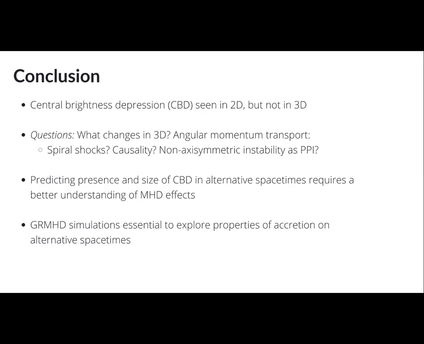For instance, looking if there is a rotation that comes from space-time due to the cloud that surrounds the black hole. But the conclusion in the end is that we need to perform more GRMHD simulations and to keep exploring the properties of these alternative spacetimes.